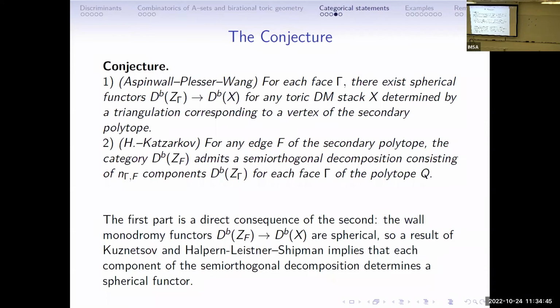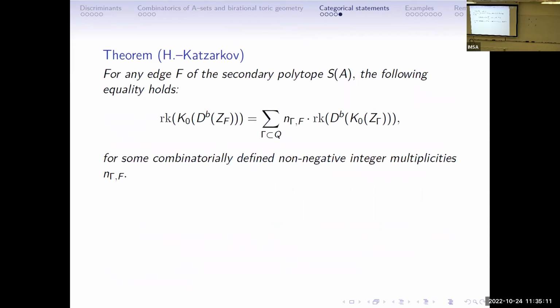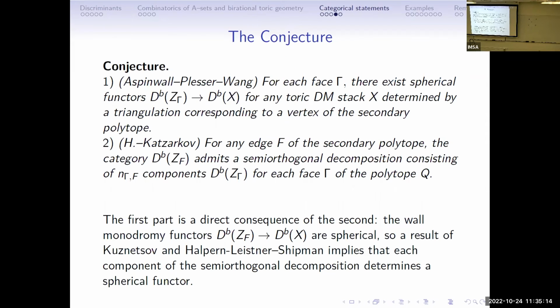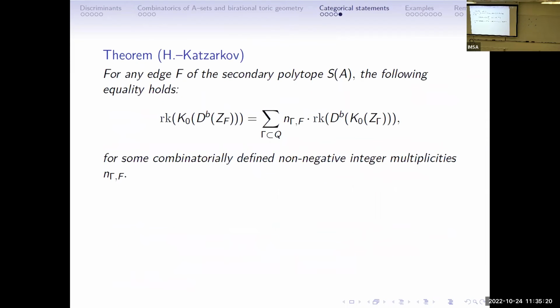And the fact that 2 implies 1 is a consequence of the work by Kuznetsov and Alcorn-Leister-Shipman, which shows that if you have a semi-orthogonal decomposition of one of the categories involved in the definition of the spherical functor, then you get a bunch of spherical functors for each of those components. Okay, so our theorem: if we have such a semi-orthogonal decomposition, it would certainly be the case that we have a relationship in the ranks of the Grothendieck groups, and we prove this.